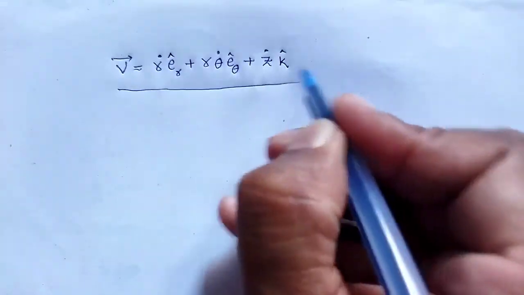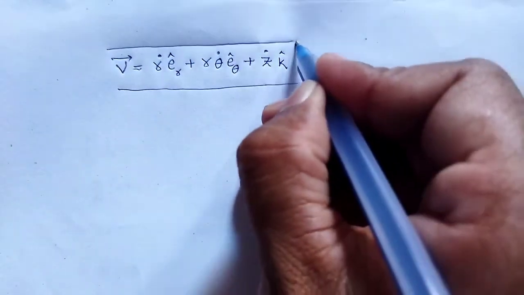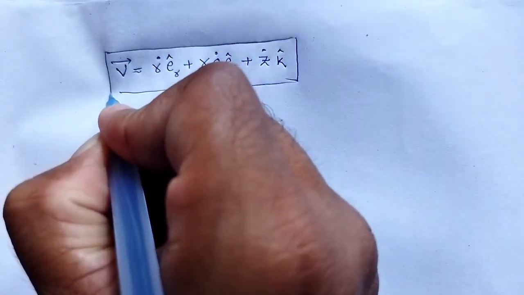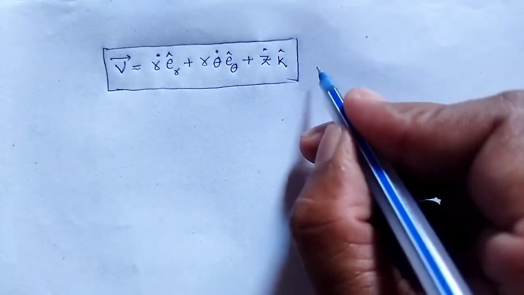This is the required expression for velocity in terms of cylindrical coordinates.